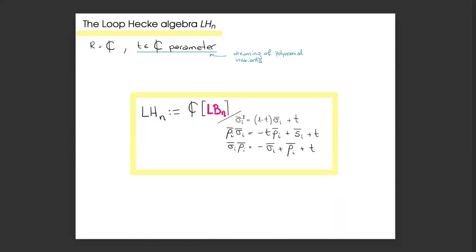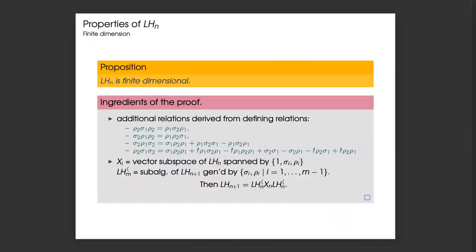We did our quotient with all these relations, and we could prove that this loop-Hecke algebra is finite dimensional. The proof is again not flying very high. It's a matter of combinatorics and rewriting words.